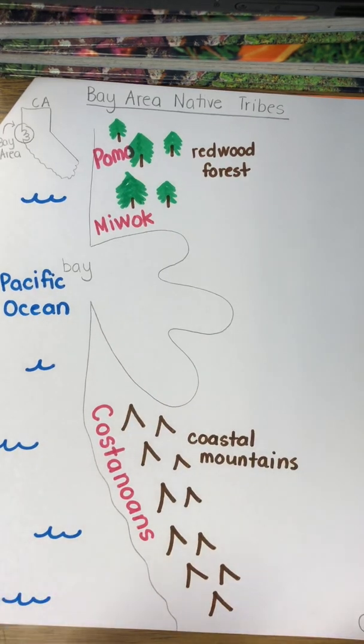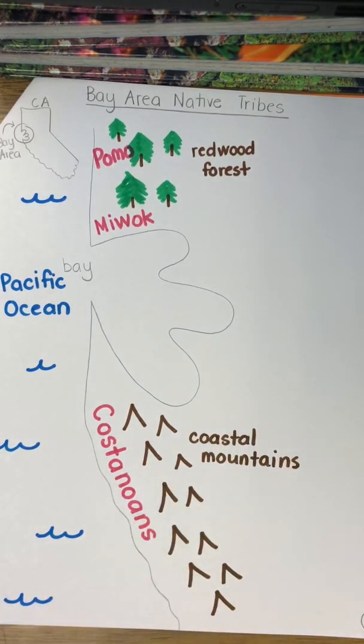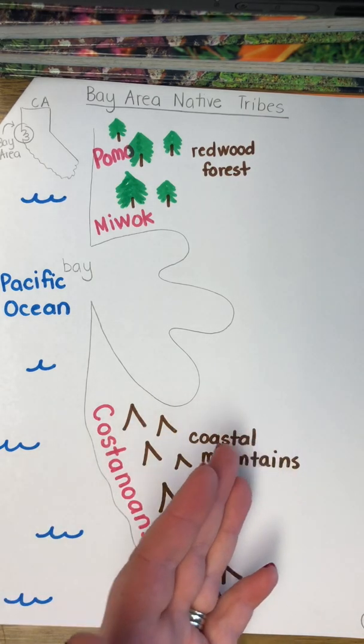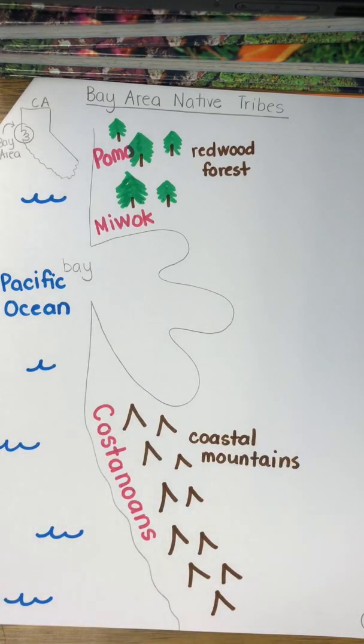Okay, so I remember the Costanoans because they live along the coastal mountains. Well, on the other side of the Costanoans and up in this region right here are where we are located here in Fremont.